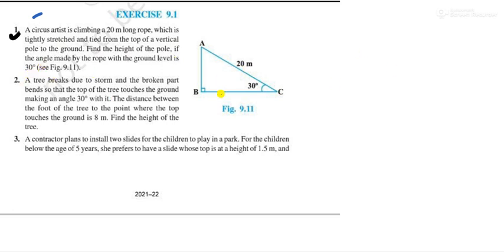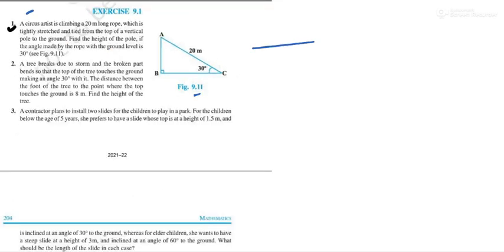Here the figure is also given, but I want you to imagine. Always take this as the horizontal level. I am drawing it roughly, but always remember, draw the horizontal line first. Now, a circus artist is climbing a 20-meter long rope, which is tightly stretched and tied from the top of a vertical pole to the ground.